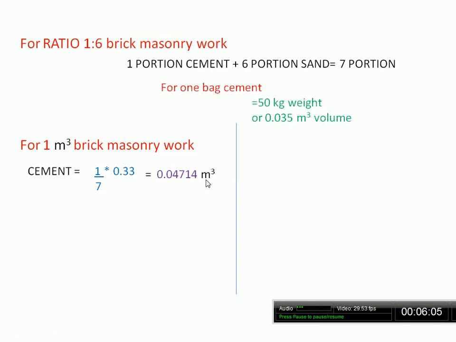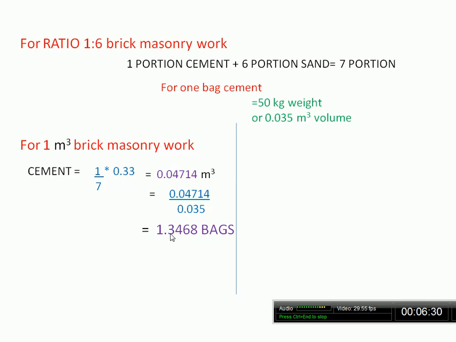Now for 1 bag of cement, the weight is equal to 50 kg and the volume is 0.035 m cube. Now we have the answer in m cube, then we can convert the volume into bags, so we divide this value by 0.035.